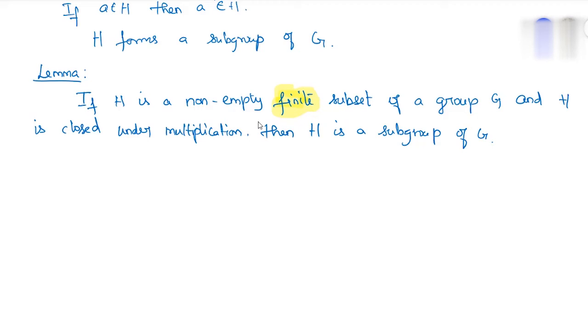Very important lemma. These two lemmas are very important. Okay, let's see how we can prove this. Similarly, let G be a group, and H be a finite subset of G. Finite is important.